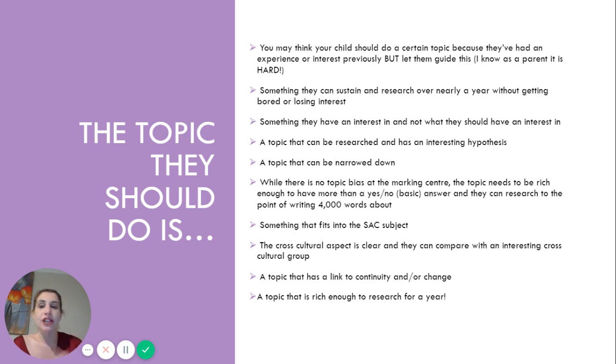So if they're looking at a strain of Christianity, then for the cross-culture, instead of it necessarily having to be Judaism or Islam, why not look at mainstream Christianity versus Mormonism, Seventh-day Adventists, Jehovah's Witnesses? That's interesting, and there is a lot of academic literature on these other groups, but it's not one you hear a lot about. I think that gives them something really interesting to sink their teeth into.